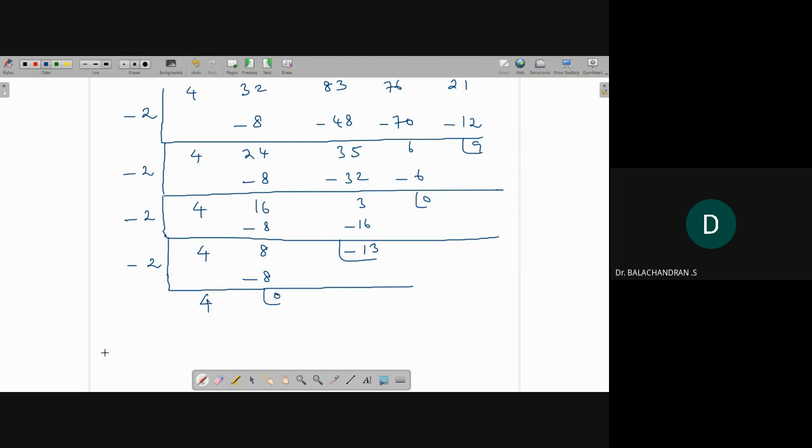So the transformed equation is x power 4, minus 13x square, the constant term plus 9 equal to 0. This is equation number 2.